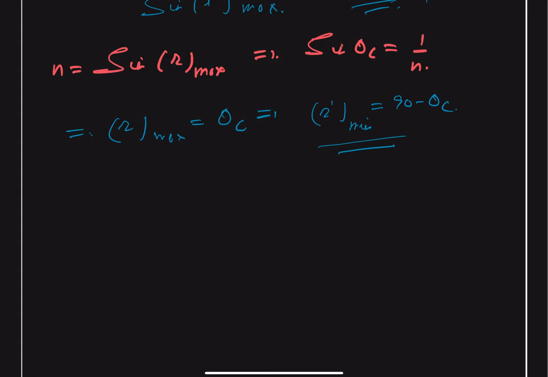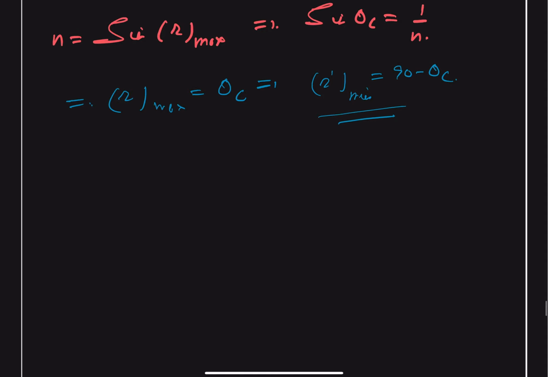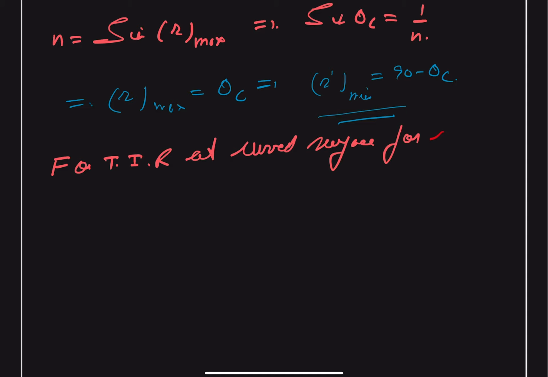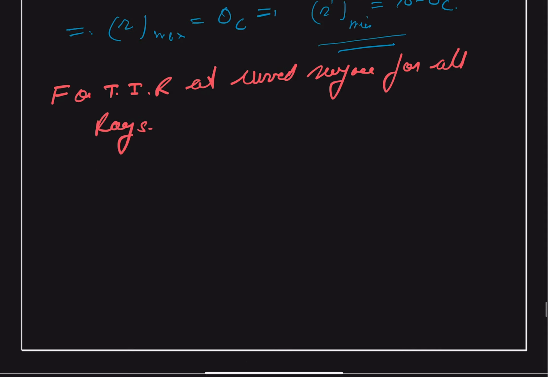And from this equation we can write that for total internal reflection at the curved surface for all rays, the condition to be satisfied is that our R prime minimum should be greater than or equal to theta c.